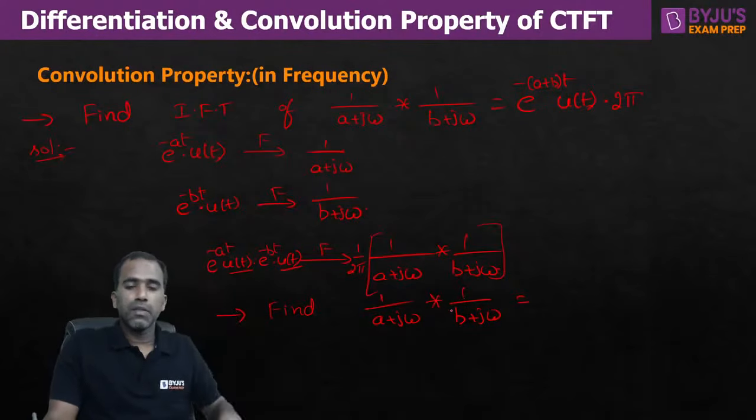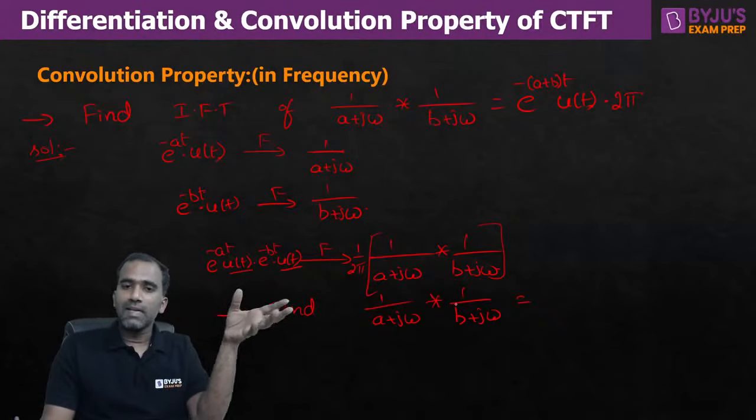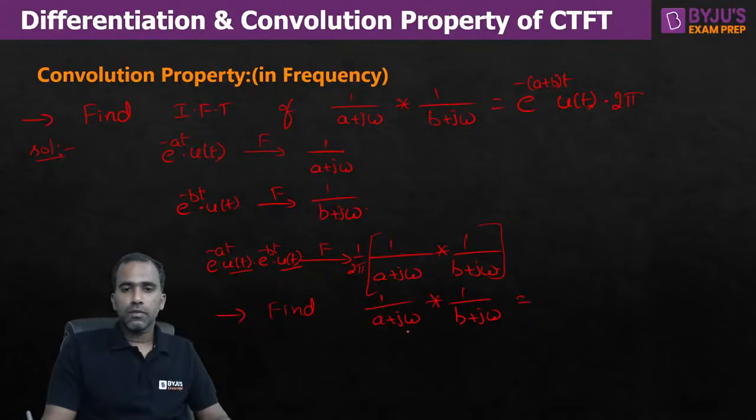It takes time. So instead of that, you can use some property. Instead of convolution, multiplication is easier. So instead of doing convolution in the frequency domain, do multiplication in the time domain, and then take the Fourier transform again. Okay, right. So we know the inverse Fourier transform of this. We know the inverse Fourier transform of this one. See this one? It's very easy. We got this. We got this.